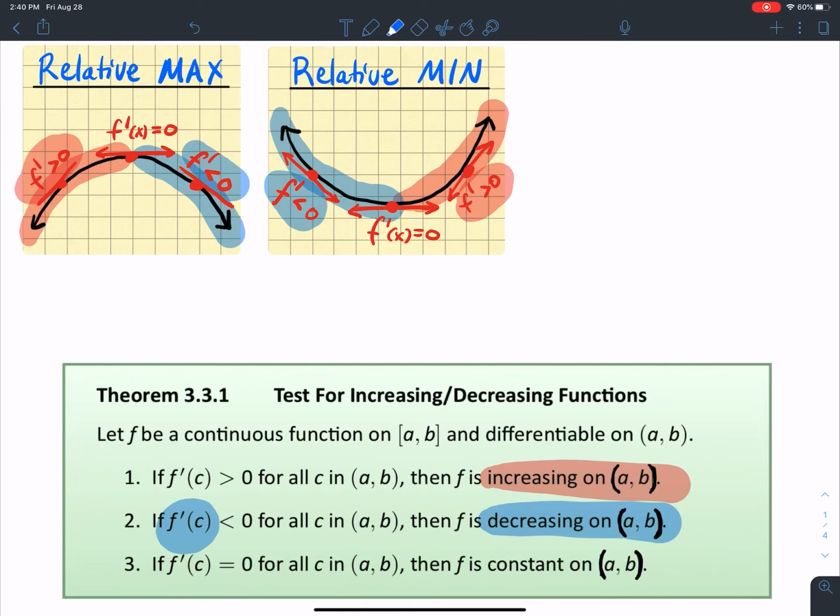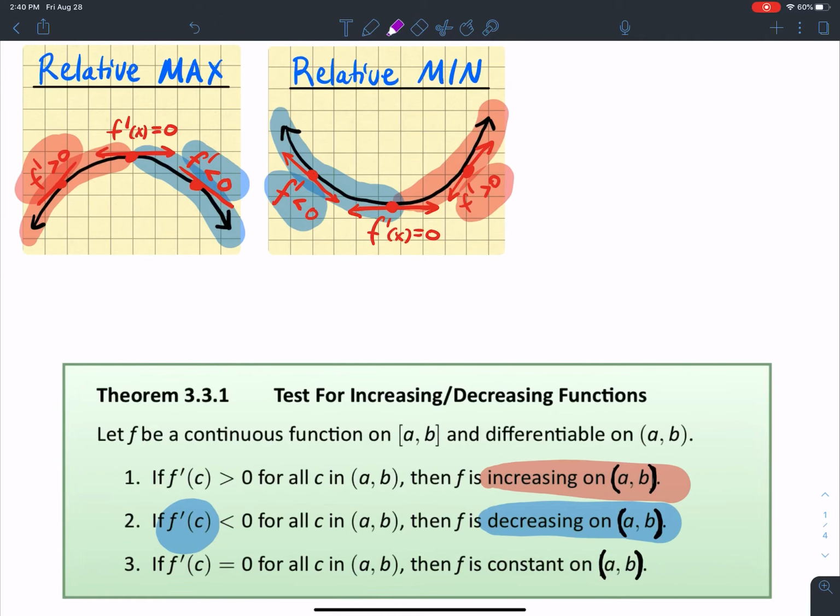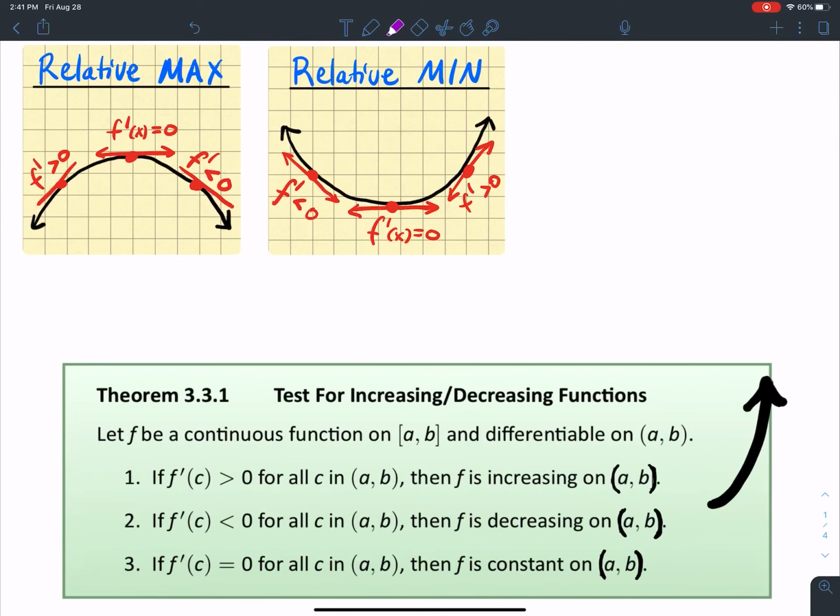And if the derivative evaluated at c is equal to 0 for all c in (a, b), then the function f is constant on (a, b). Now, there's an issue going on here, okay? And so something I want you to take note of, all right?